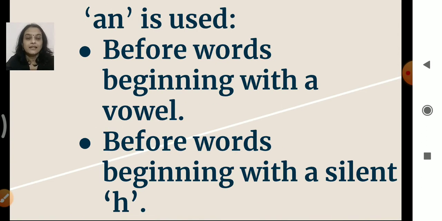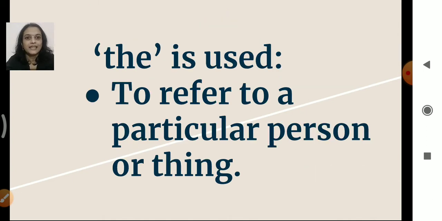Then an. When is an used? An is used before words beginning with a vowel, right? An old man. Before words beginning with a silent H, honest, remember? Then the is used to refer to a particular person or thing, a definite one, right?